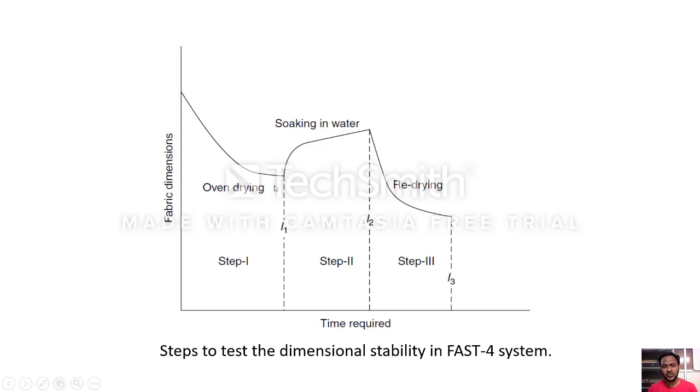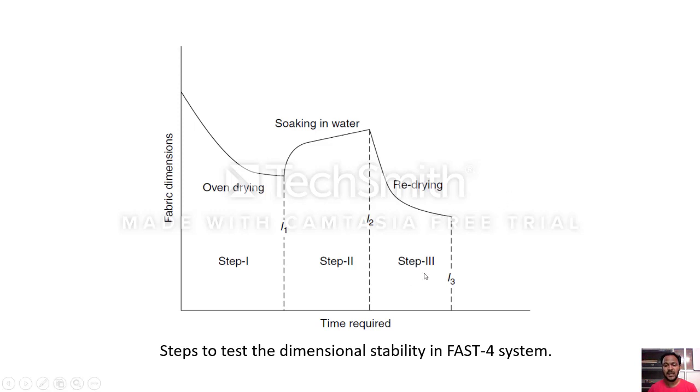Next is the soaking in water. Once you soak it in water, what will happen? Since if it is a hygroscopic fiber, it can either expand or it can contract. So if it expands, the graph will increase, but if it contracts, then the graph will come down. So there you calculate the value L2. You measure the expanded dimension or the contracted dimension, which is given as L2.